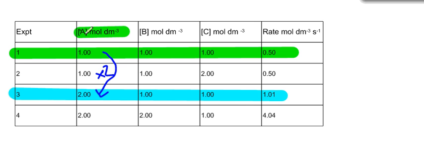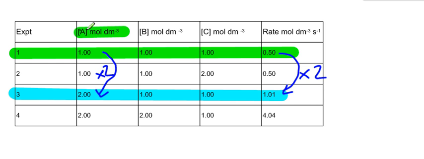Looking at the concentration of A, it's doubled. B has remained the same in experiments 1 and 3, and C has stayed the same in experiments 1 and 3. Here we can see the rate has gone from 0.5 to 1. Remember, this is experimental data, so there might be a slight variation, but essentially 0.5 going to 1 is also times 2.